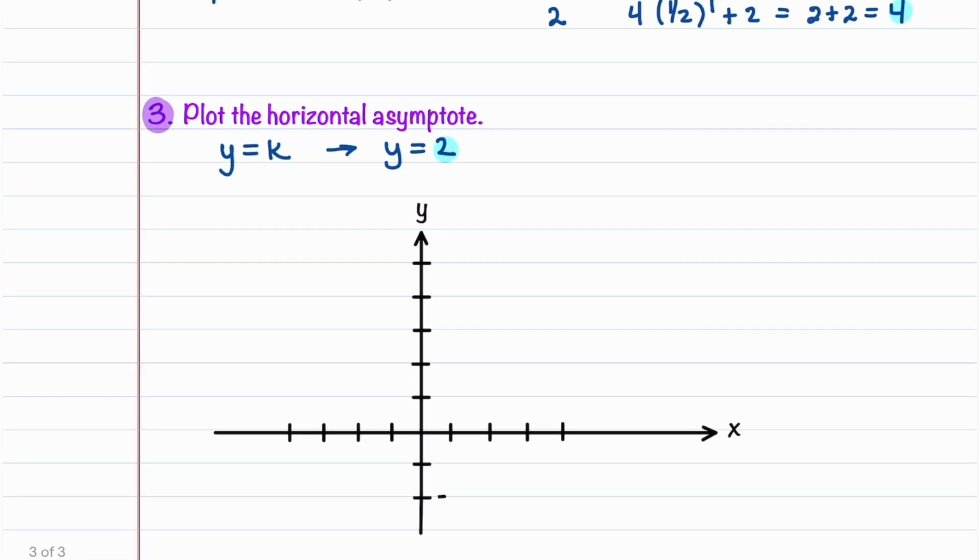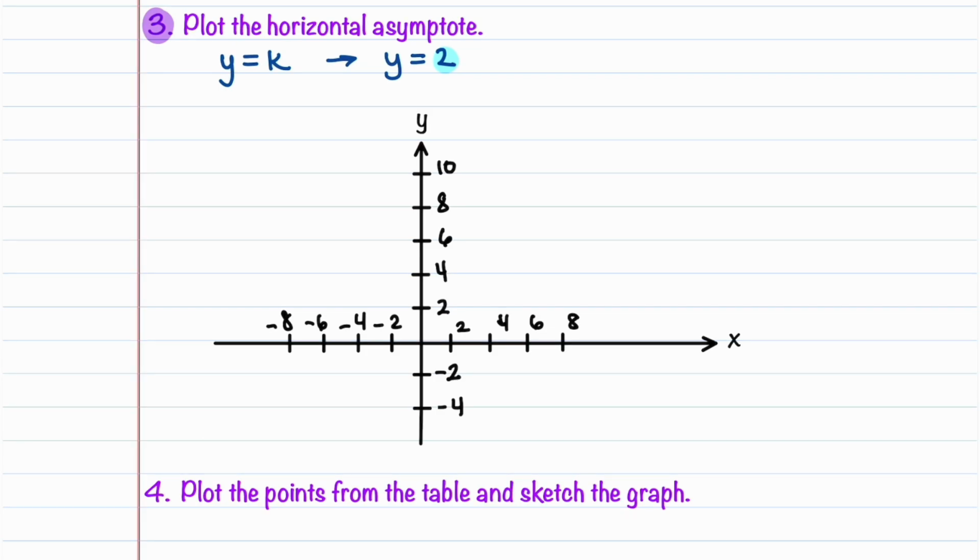We'll make this a -4, -2, and this is 2, 4, 6, 8, and 10. And then let's do the same thing for the horizontal. We'll make this 2, 4, 6, and 8, and then -2, -4, -6, and -8. Now let's plot our horizontal asymptote. That's going to be y is equal to 2, so it's going to be right here.